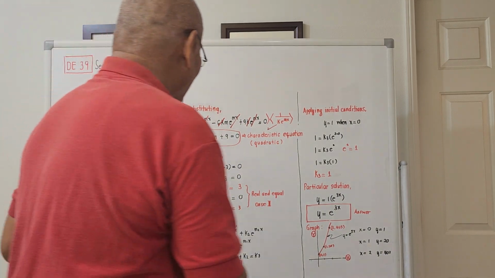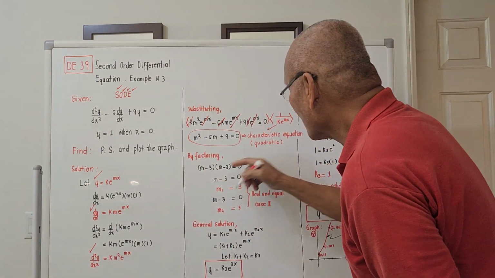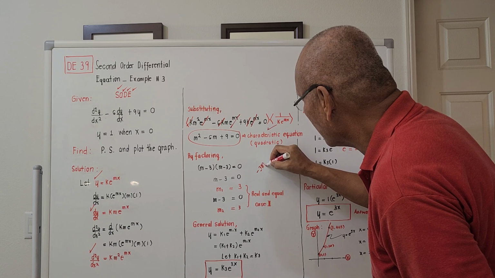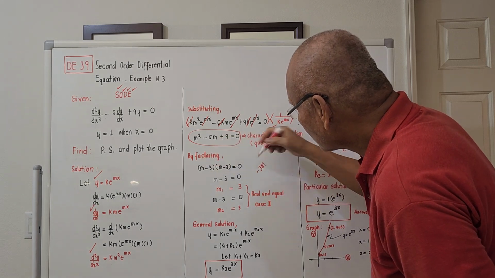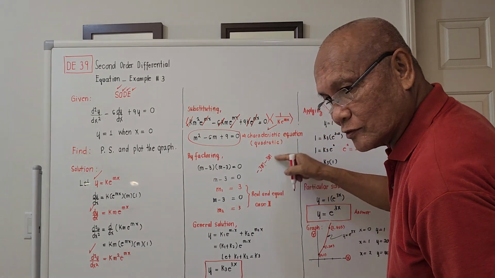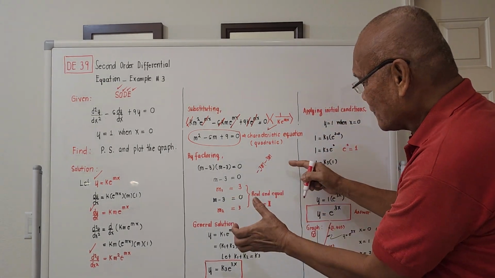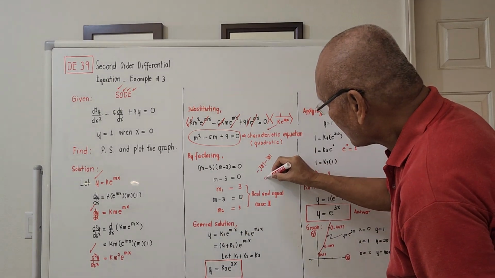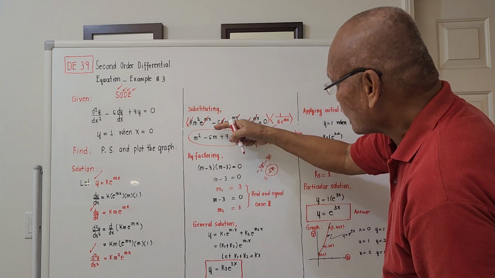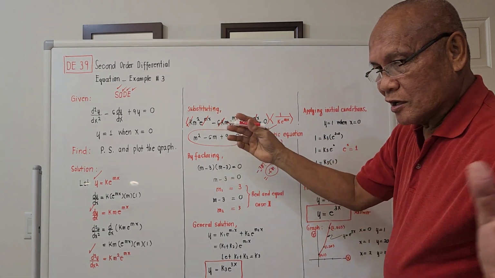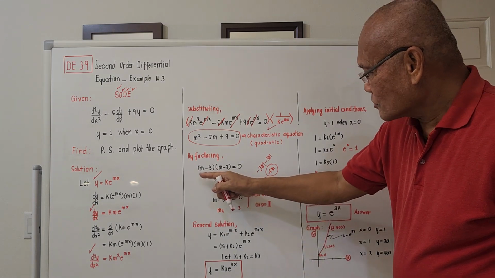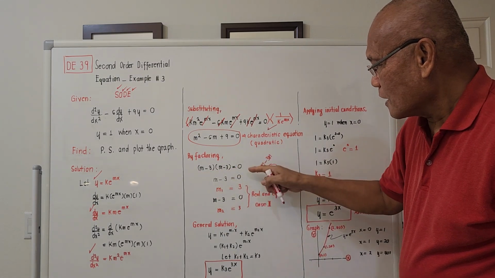If we check the middle term, minus 3 times m is minus 3m, and m times minus 3 is also minus 3m. So if we take the sum of these two negative values, that will be equal to minus 6m, which is equivalent to the middle term. So the resulting factors will be the quantity m minus 3 times the quantity m minus 3, and they should be equal to 0.